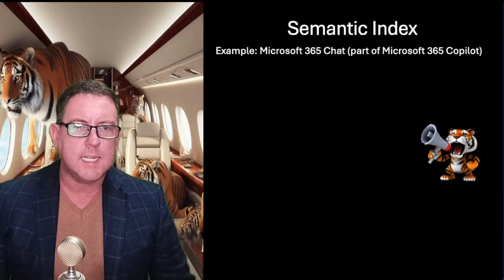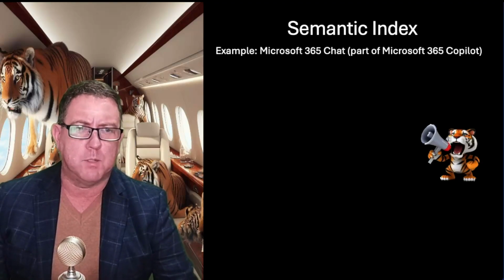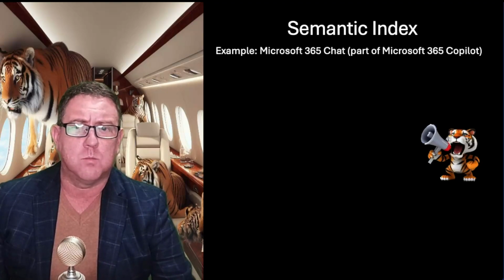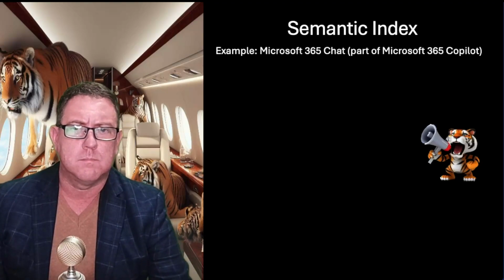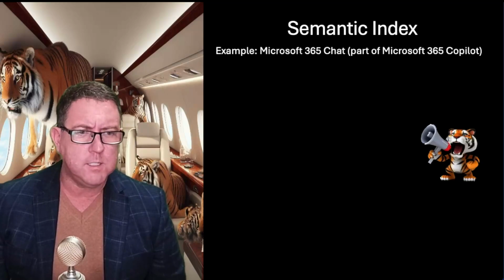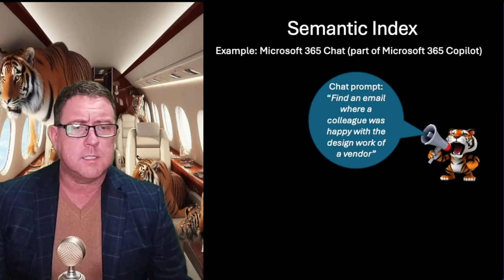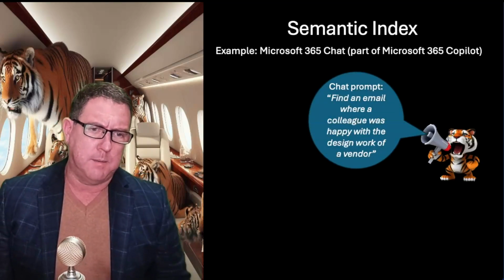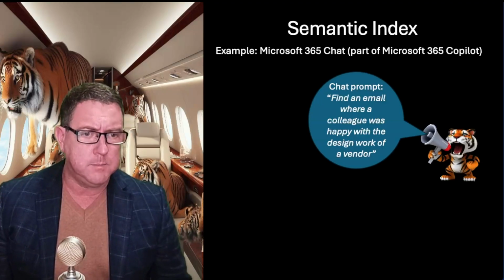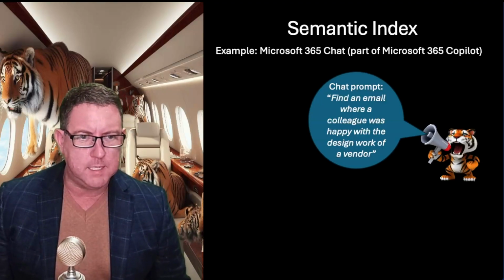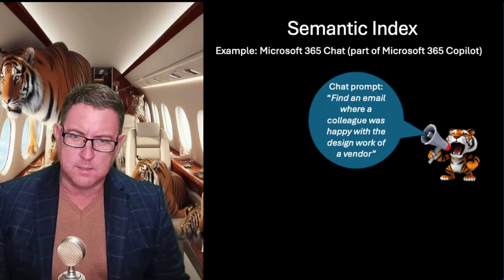All right, let's take a super simple example of how the semantic index works. So you have a user, and that user sends a prompt. And in this example, it's sending the prompt of find an email where a colleague was happy with the design work of a vendor.